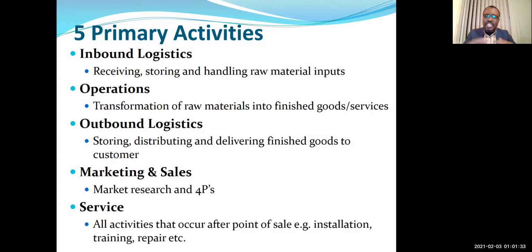Then operations transform what we have received into finished goods, sometimes into work in progress. Outbound, store them, distribute them, deliver them to the customers. Marketing and sales, use some marketing strategies to promote your goods and sell them. And then service, after sales, what do I do? What do I give to my customers after selling to them? So these are the 5 primary activities.